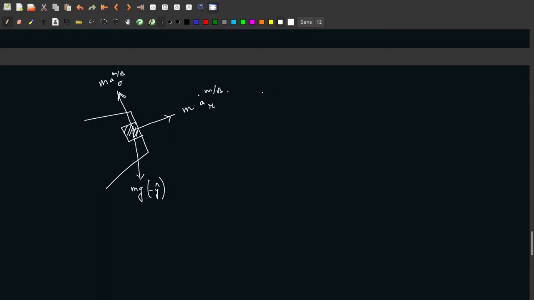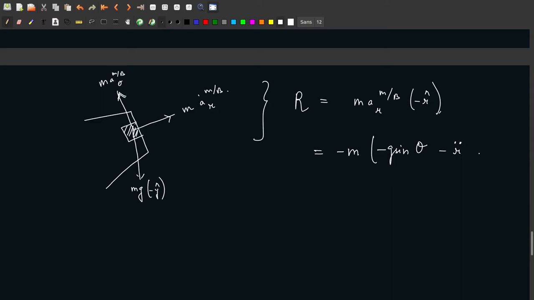So what will be the normal reaction? The normal reaction is going to be in the minus r cap direction. So the normal reaction is going to be m A r of the mass with respect to the bucket in the minus r cap direction. And let me just list down the result. It will be equal to minus m times minus g sin theta minus r double dot plus r theta dot squared r cap.